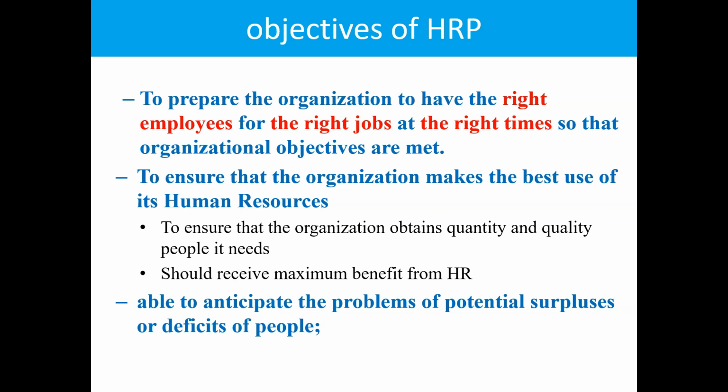We can't stop our work due to the vacancies, right? So we need to maintain the smooth functionality of the business over time. So therefore, the main objective is to have a plan, a mechanism that ensures that we are having the right number of people for the right jobs at the right time.